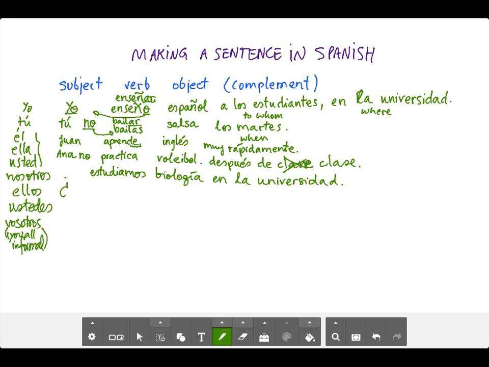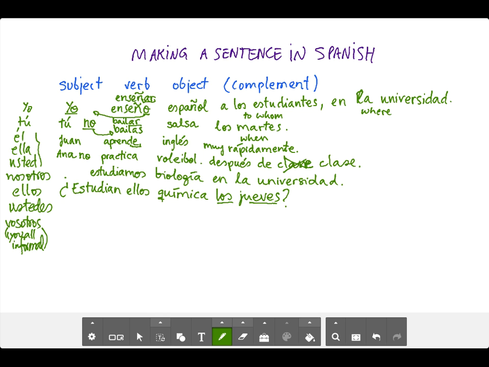So, por ejemplo, ¿estudian ellos química los jueves? So do they study chemistry Thursdays? Every Thursday. And that's why we have los jueves. So again, los jueves is extra information, but then estudian ellos química los jueves.